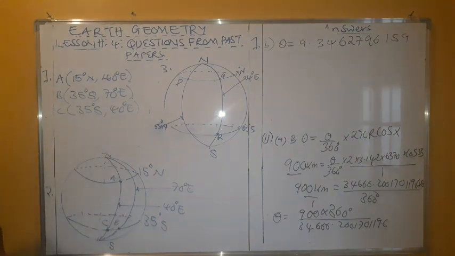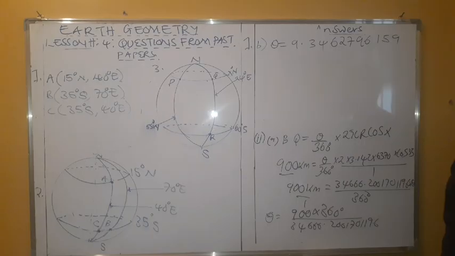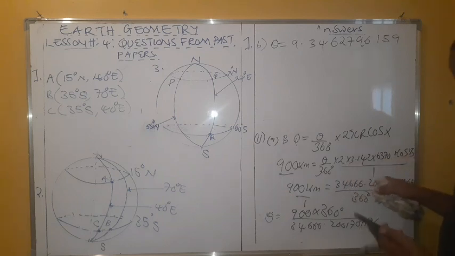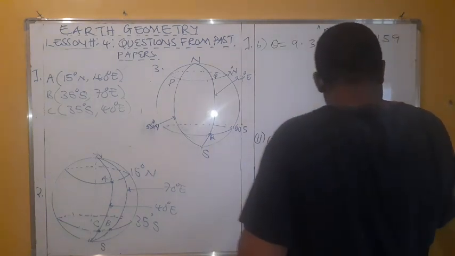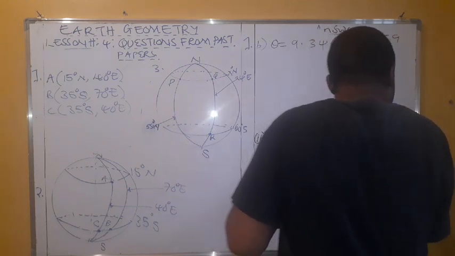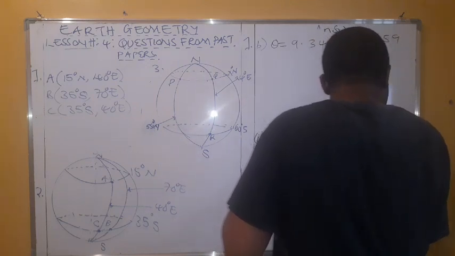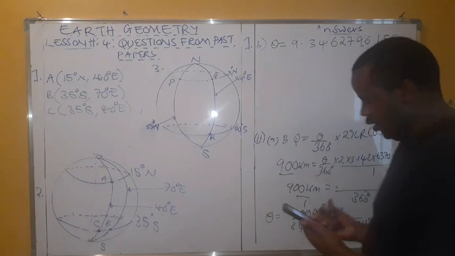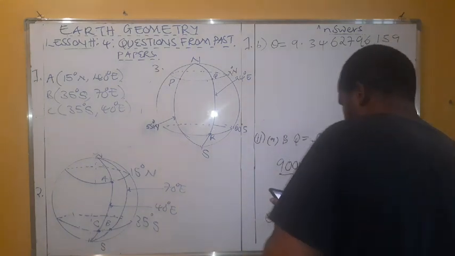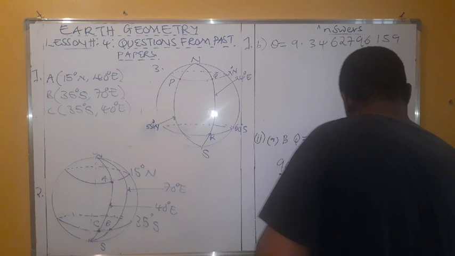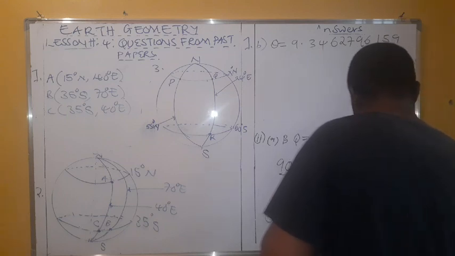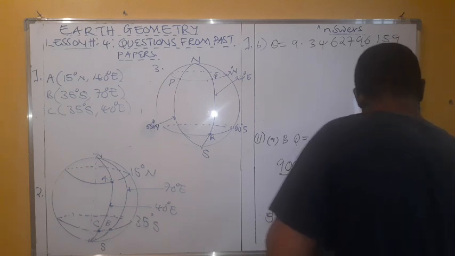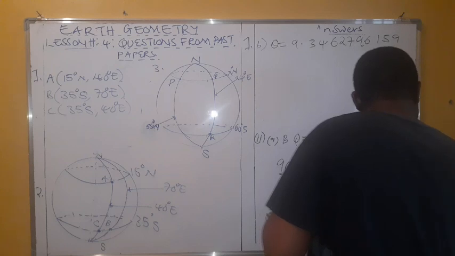So take note here, I think we were a bit quick. When you multiply here, the correct figure is the one that I have here: 32,789.9027130076, times theta.